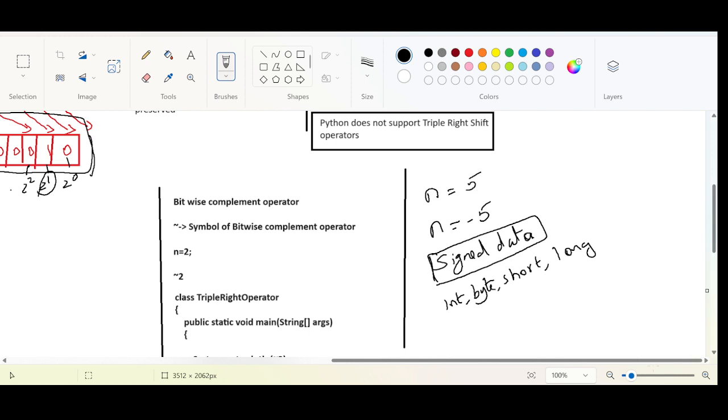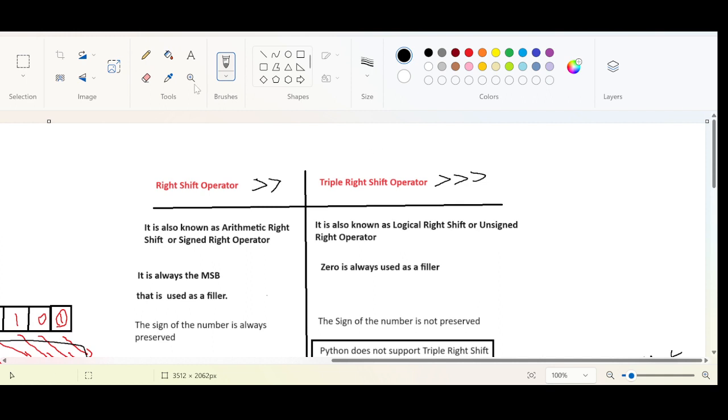For example, the size of byte in Java is 1 byte. 1 byte is also called 8 bits, the collection of 8 bits. So the internal data, let me create some space. One minute.